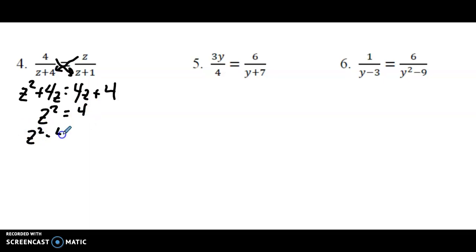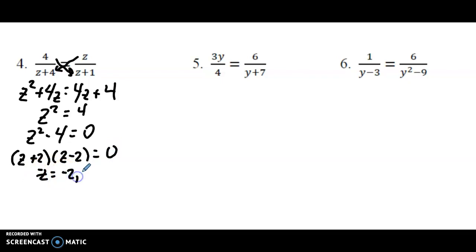Z squared minus 4 equals 0. And this is a difference of 2 squares. So z plus 2 and z minus 2 equals 0. And that means z can equal negative 2 or positive 2.